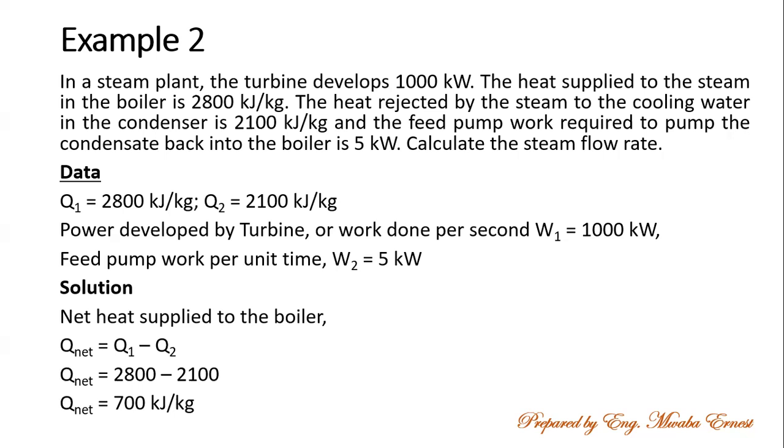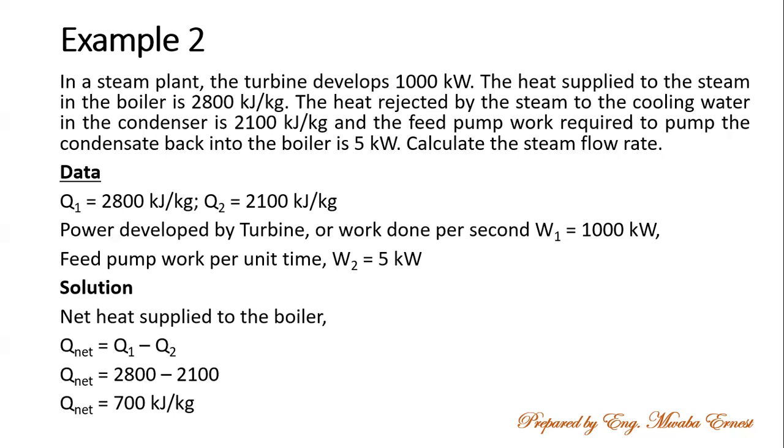Q1, if you check the data, is 2,800. Q2, 2,100. What is the difference between them? Here you have it as 700 kilojoules per kg. This is the net heat. Like I emphasized, it is equivalent to the work done per unit mass.